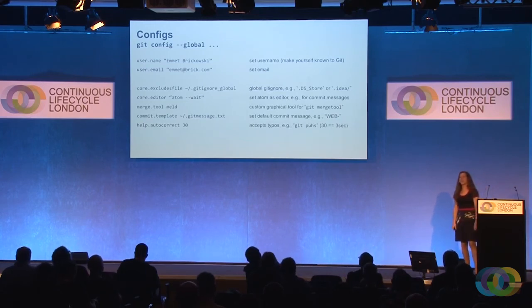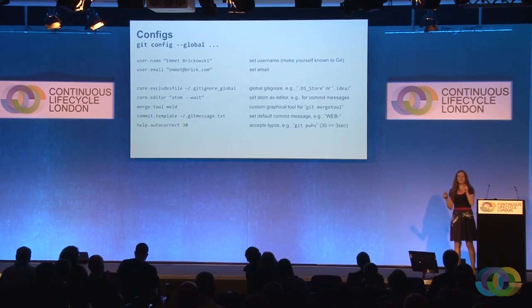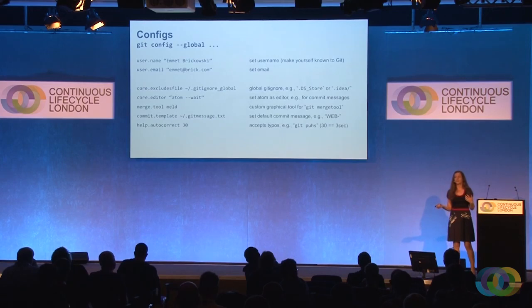So you can get away with typing git poos or git pull with 3 Ls, or if you accidentally hit the hash when you're trying to hit return. Also always happens to me. So Git will then tell you, I think you maybe meant this. Do you want me to execute it? And it will execute it. And in this case, wait for 3 seconds, which for me is enough to read through it. And if I don't want it, hit Control C.